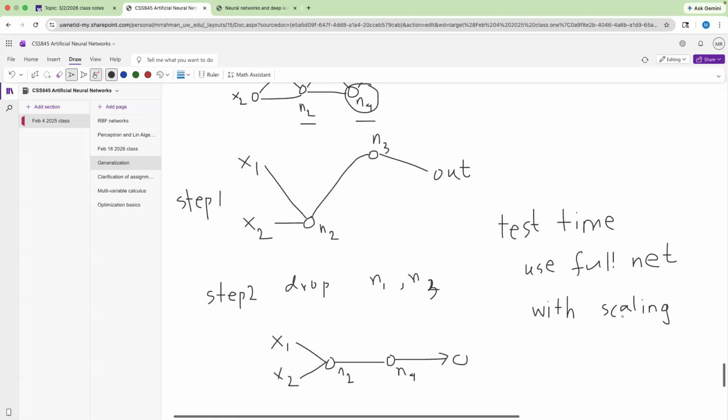Because when you're doing inference at test time, you're actually using the full network. In this case, you're using 4 neurons, whereas here you're just using 2 neurons on average. So you need to kind of adjust that scale.